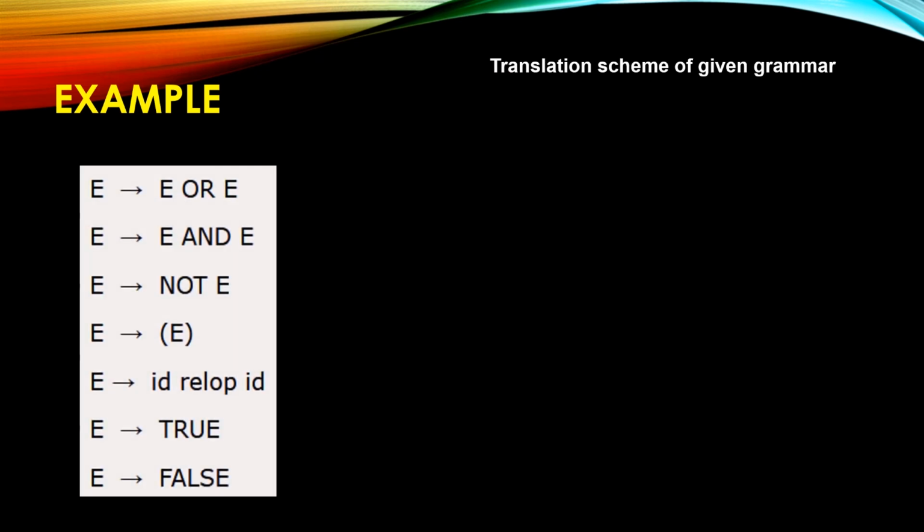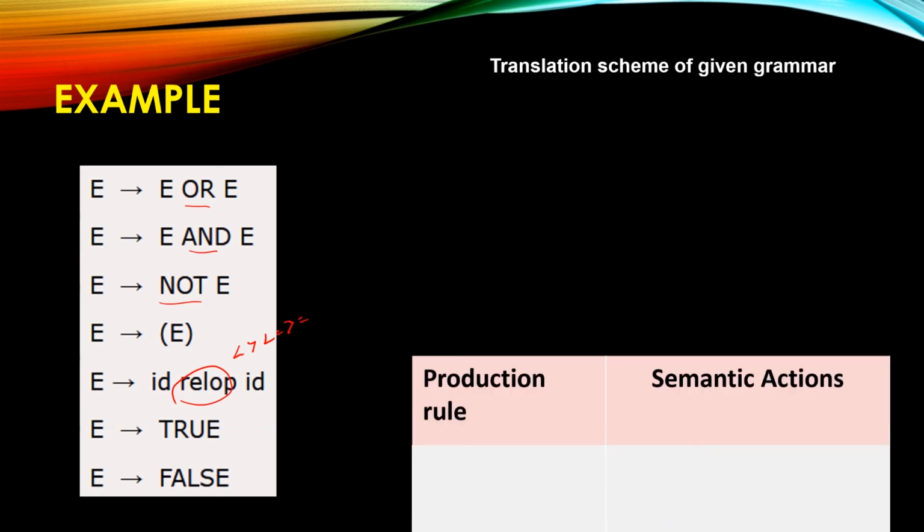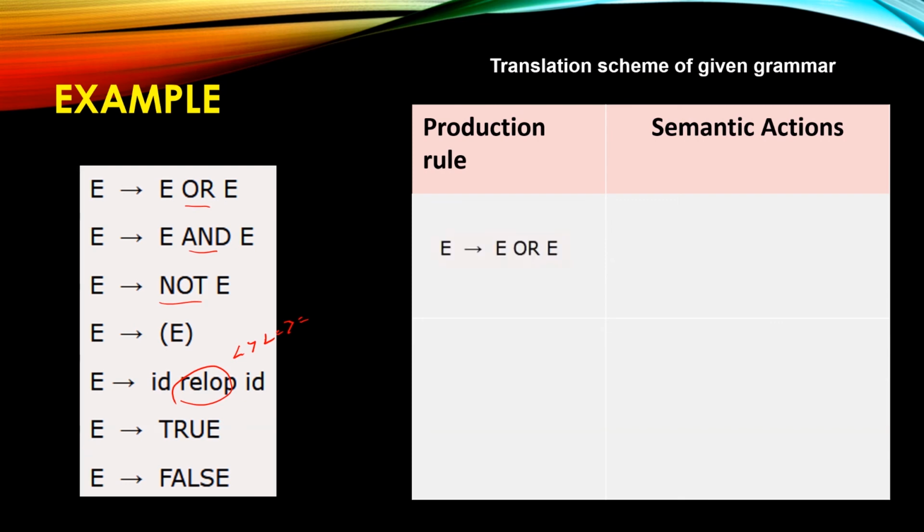Consider this grammar: E gives E or E, E gives E and E, E gives not E, E gives id relop id, E gives true, and E gives false. Relop is a relational operator, denoted by less than, greater than, less than or equal to, greater than or equal to, and so on. Both and and or operators are left associative, and the not operator has higher precedence than and, and lastly the precedence for or comes.